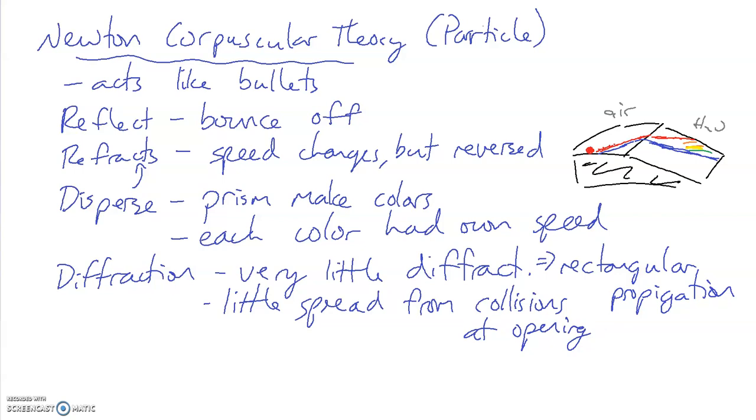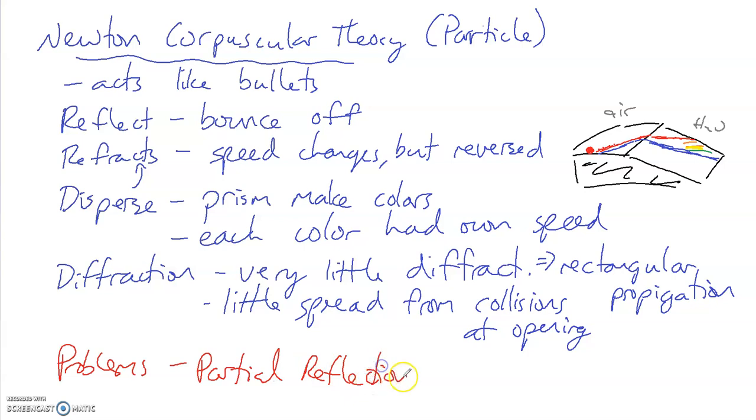Okay, now one of the other things that kicks in is some problems that he had. There were a couple of problems, but one of the things he had trouble explaining was partial reflection. When light hits barriers, even when we go back to that simulation we did with refraction, some would reflect, some would refract.